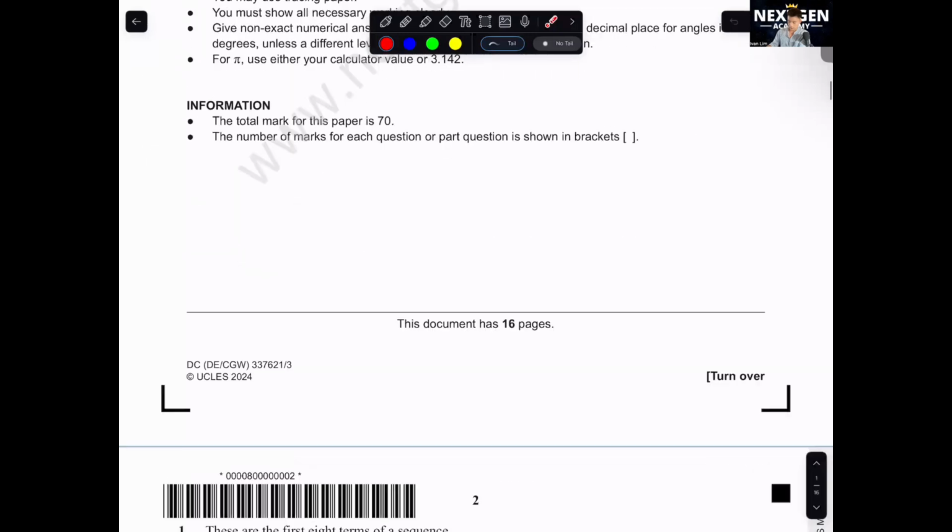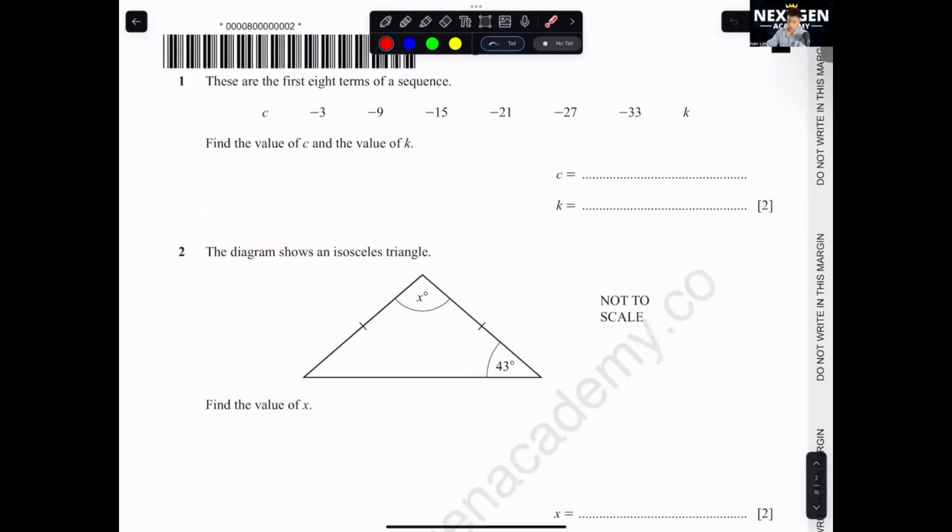So I want you all to quickly type out all your questions if you have any today. Okay, let's go. Let's look at question number 1. These are the first 8 terms of a sequence. Find the value of C and the value of K. We just need to see what's the pattern over here. From one number to another, this is minus 6, minus 6, minus 6, and so forth.